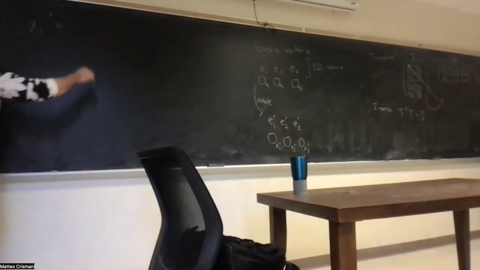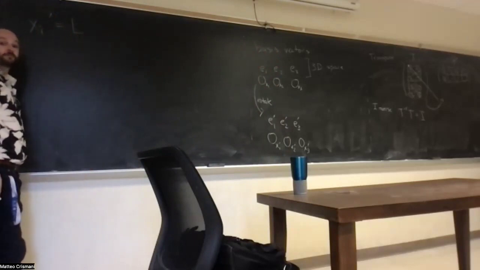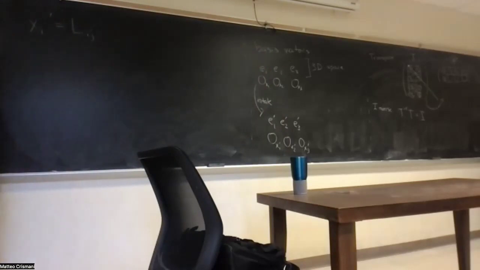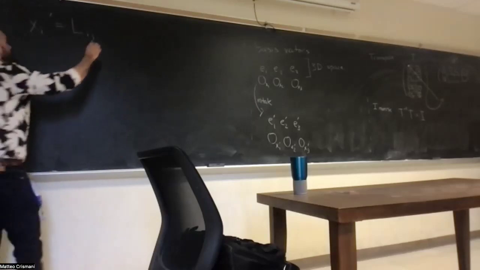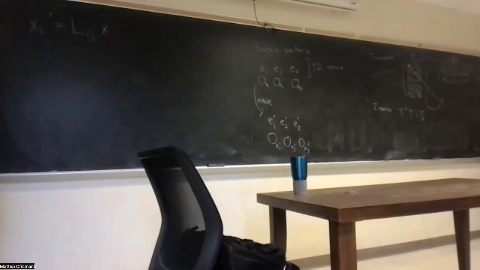So in fact, what I can do here is write a transformation matrix like this. I'm going to do that because it's a second order matrix. So Lij is our transformation matrix. And here I have to put what? X, but with what index? For this to be reasonable. Would it just be i?